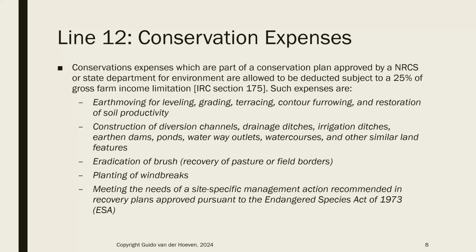If we don't recover it all in the year that it's current, then we're going to have a carryover, and we can bring it back in as part of the calculation in the subsequent year. So again, records and some notations in the farm accounting system to say, hey, we did that. Planning of windbreaks, and then meeting the needs of any site-specific management action.